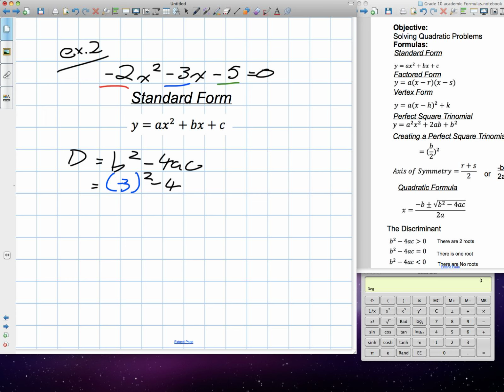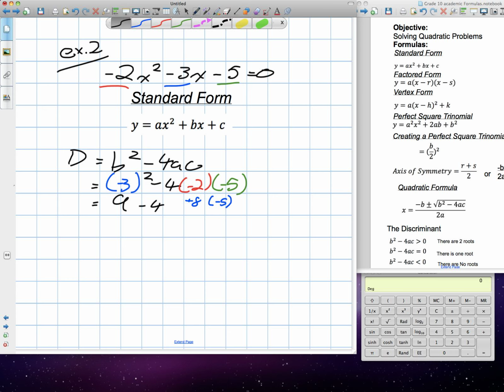Our discriminant is equal to (-3) squared minus 4 times (-2) times (-5). So I want you guys to look at this. (-3) squared is going to give us 9. When you're multiplying this, think of this as the term -4. -4 times -2 gives us +8.